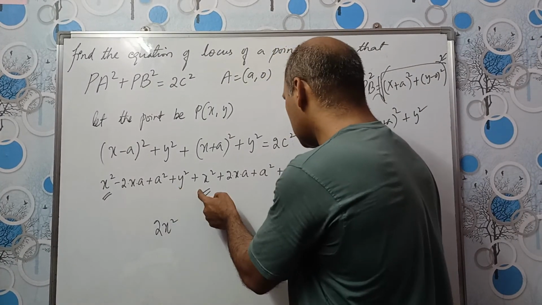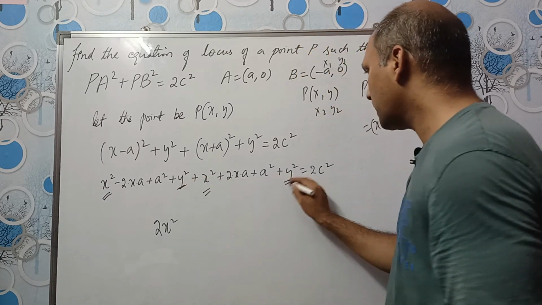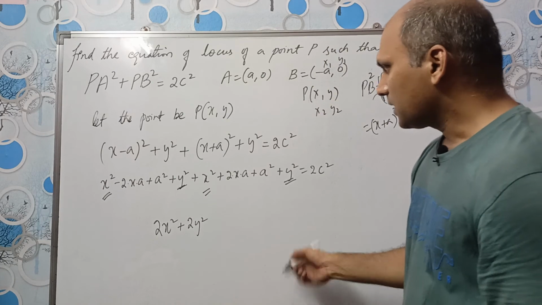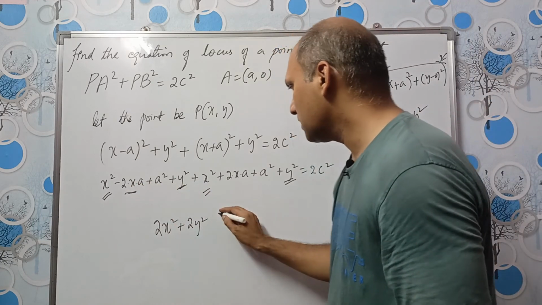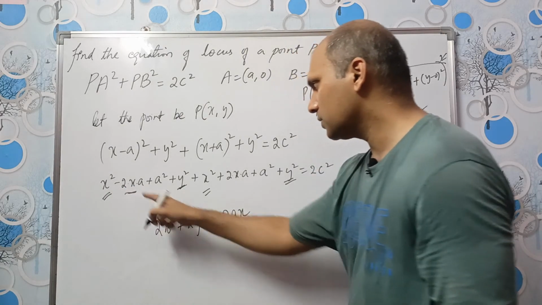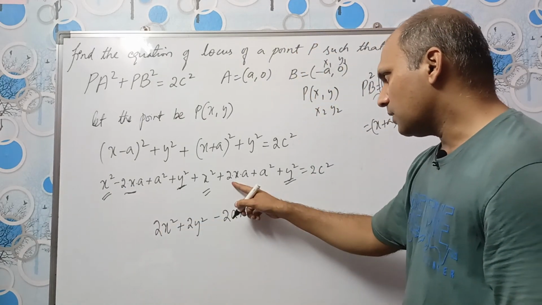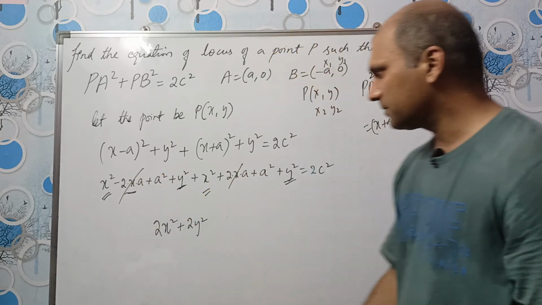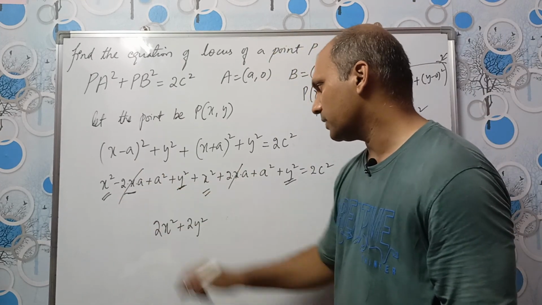So we are done with the x square term, right? Y square is also 2 times. So this is 2y square. Next, the x term. So this is minus 2ax and plus 2ax. Minus 2ax plus 2ax will become 0, right?